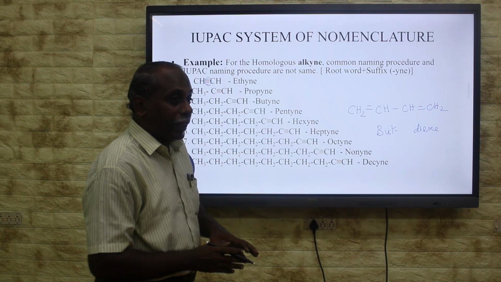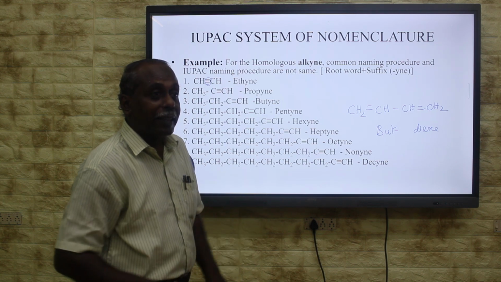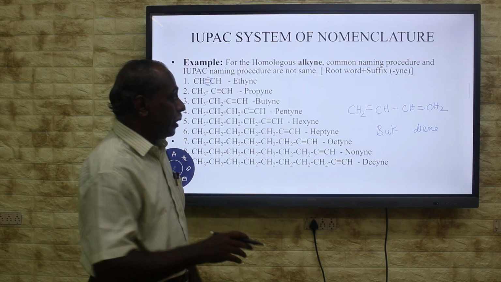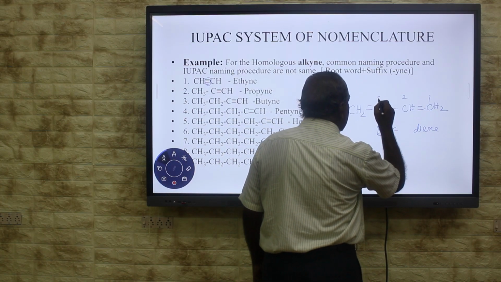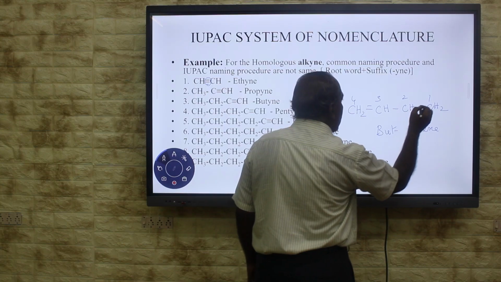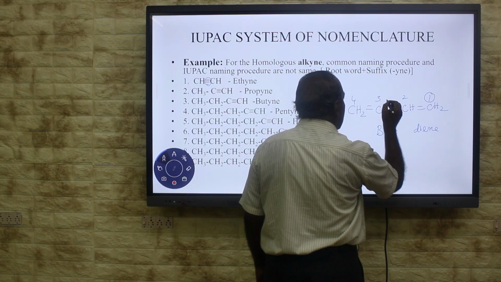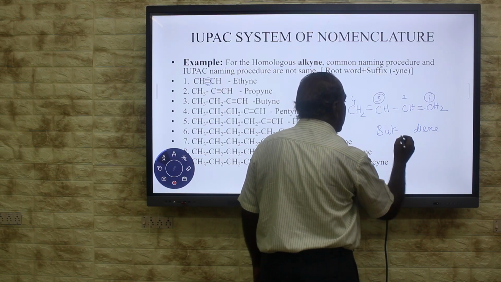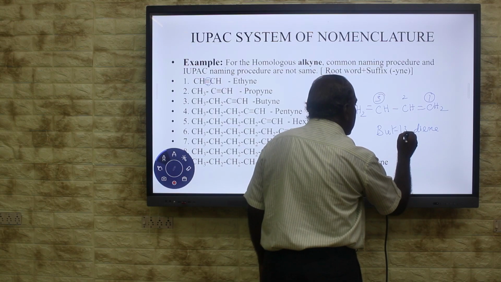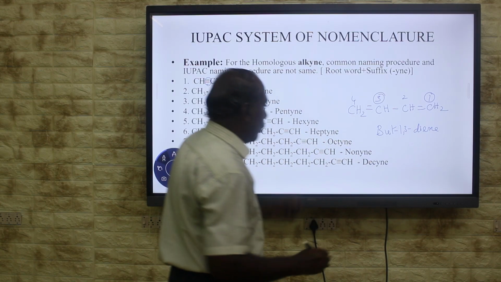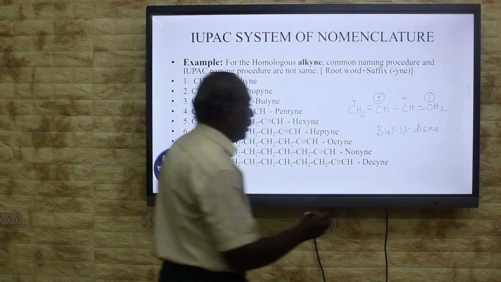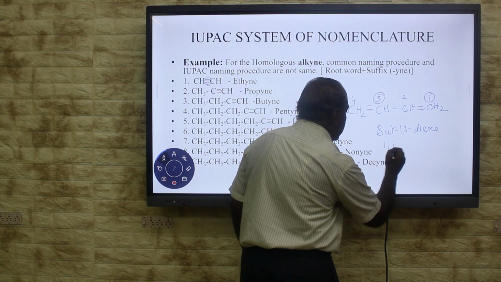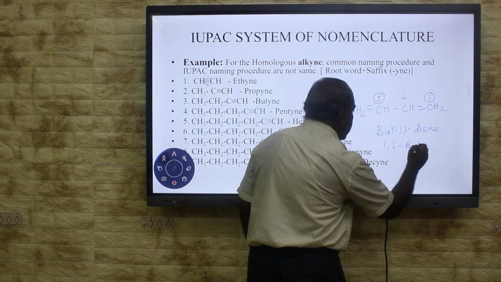This kind of facility is not provided in the trivial system of nomenclature. 1, 2, 3, 4. Here the double bonds lie between the first and second carbon and also between the 3rd and 4th carbon. It should be given in the molecule: but-1,3-diene, or it may be written as 1,3-butadiene.